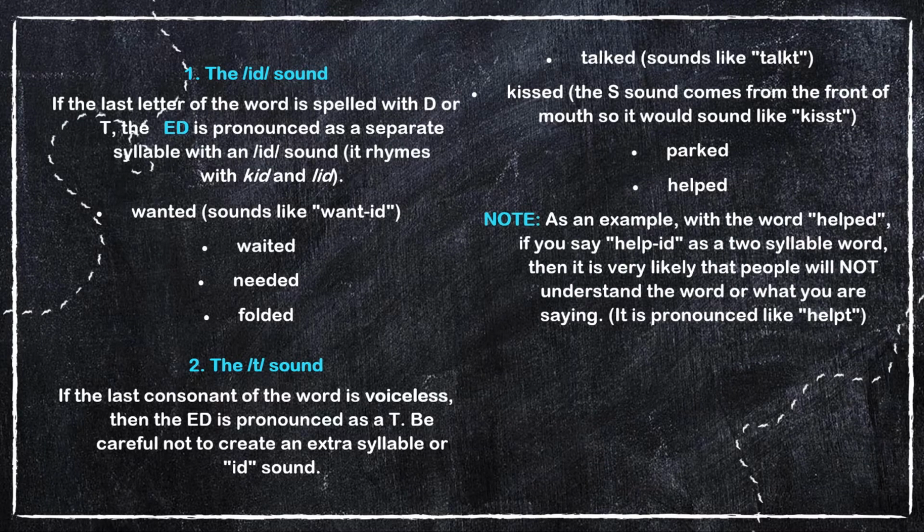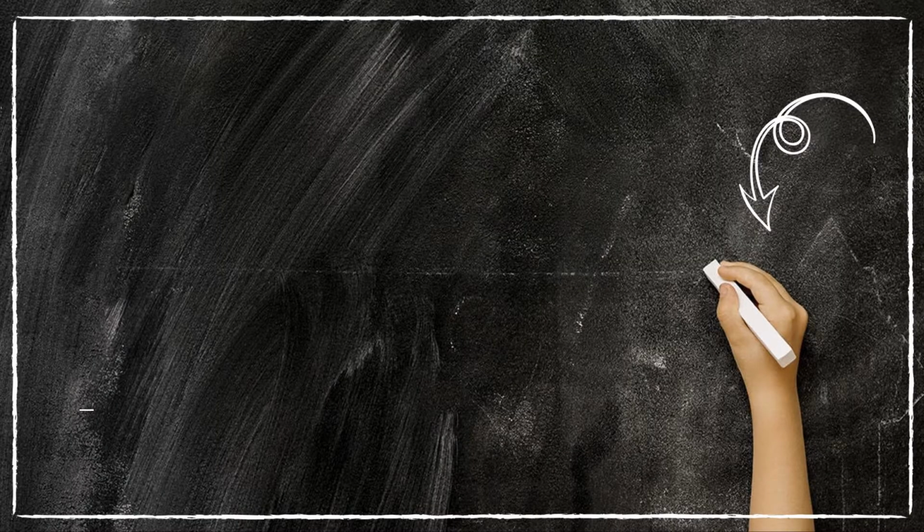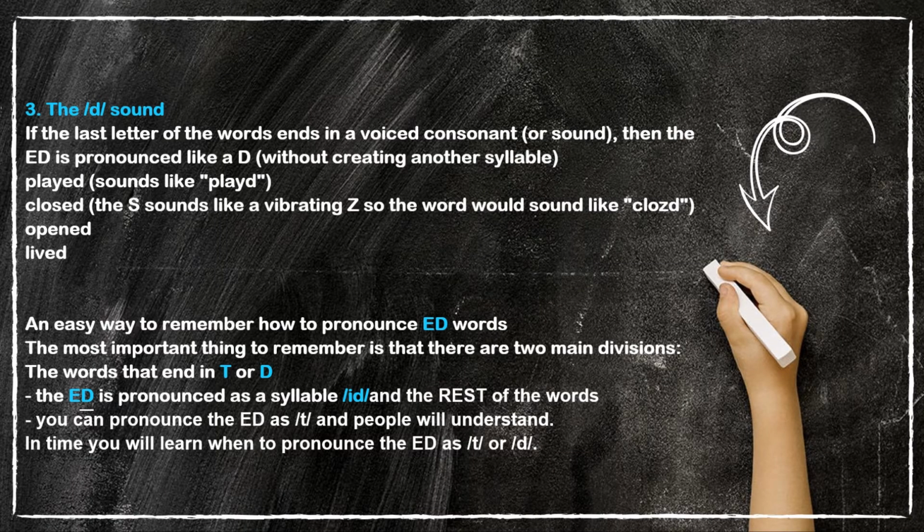So, note, as an example with the word helped, if you say help-ed as a two-syllable word, then it is very likely that people will not understand the word or what you are saying. It is pronounced like helped, right? Then we have number 3, the D sound.